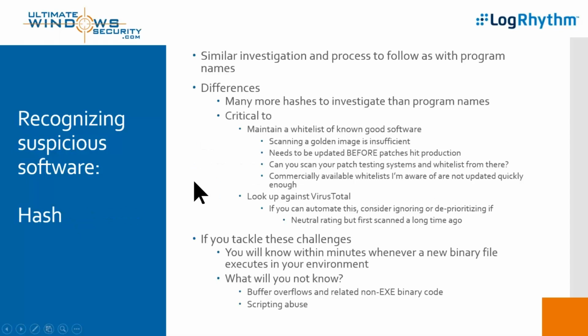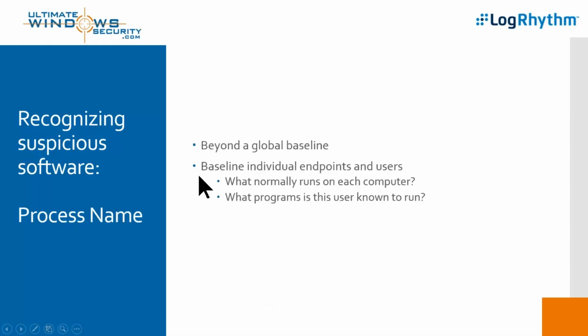Okay, so there are ways to do this, but just be aware, if you go down this road, one of the big things that you need to do is know how long you've been observing a given user or a given computer, and even program names, because we could leave out program names.